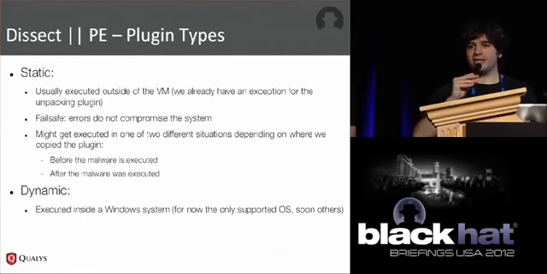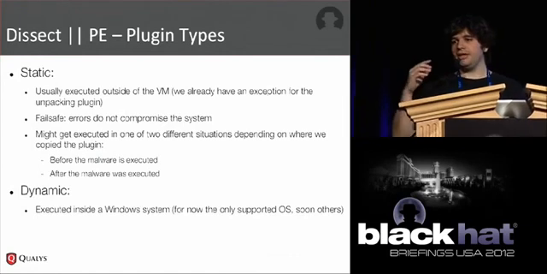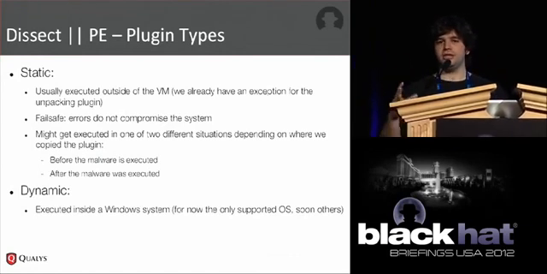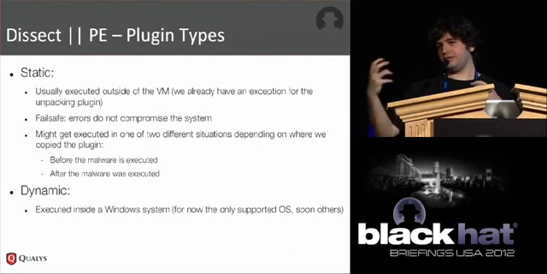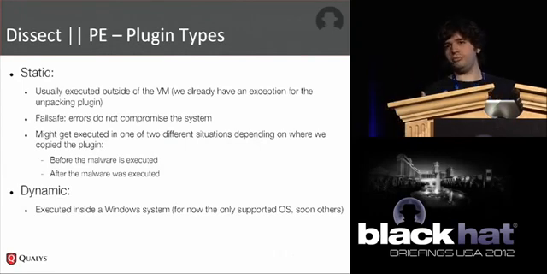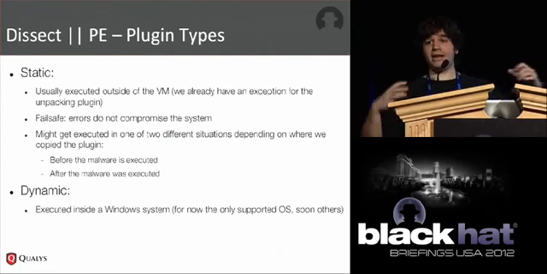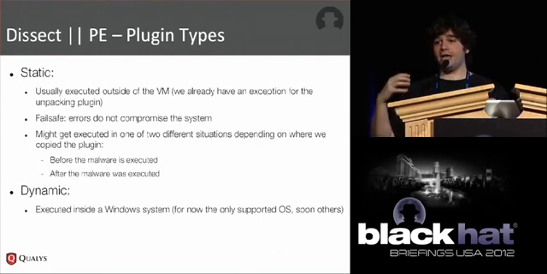The static plugins can be executed in two different situations. The first is before the malware gets analyzed in the dynamic approach inside the virtual machine. You take the sample as a parameter, as I showed in the plugins, and analyze it. After all the static plugins that run before execution finish, the sample is analyzed inside the virtual machine.